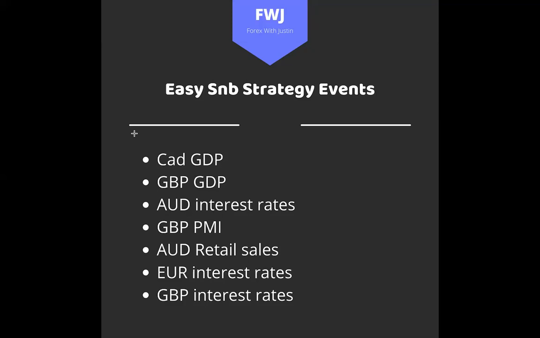So the easy SMB is only used to trade only this list instead of the NFP or these other events. You could use it to trade NFP, although for that one we choose to trade it with the other strategy, the extreme SMB, the one that's in the full pattern. So there's two lists when it comes to trading fundamental analysis. There's a list for the easy SMB, and there's another list for the extreme SMB.